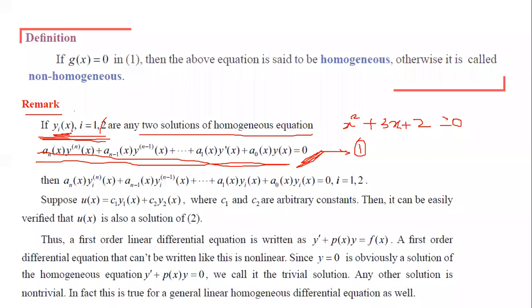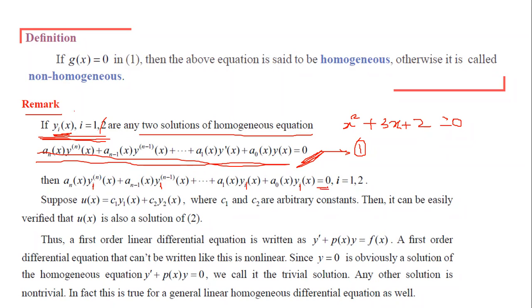Okay. In case y1 of x is said to be the solution, if you substitute y1 in place of y, then you will get a_n of x y1 n of x, a_(n-1) of x y1 (n-1) of x, a1 of x y1 of x, then a0 of x y1 of x equal to 0.